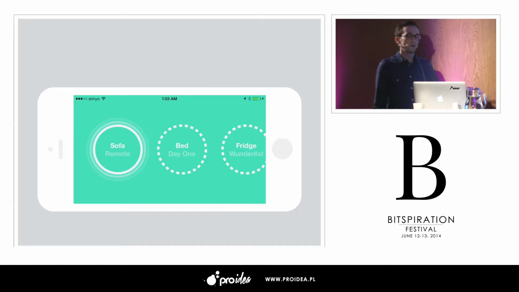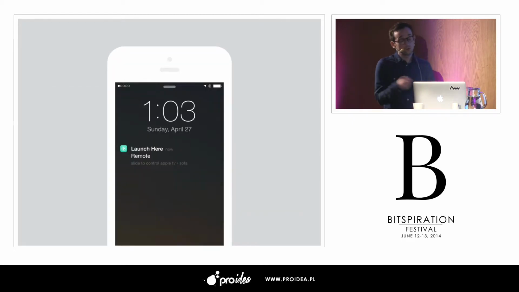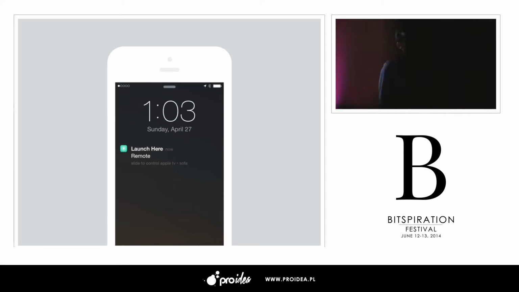So for example, when you are going to your sofa and you open your lock screen, with one swipe you can open the Apple TV remote app, or when you're in the kitchen, at the fridge, you could have a list app or a timer. So it's this basic idea of connecting locations with applications.